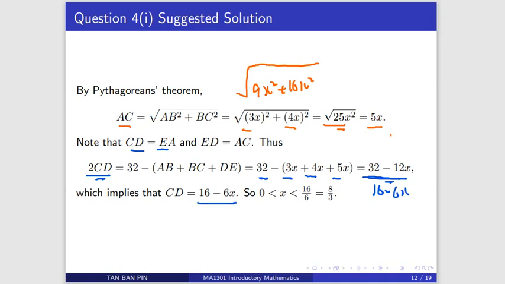So this is the length of CD. 16 minus 6x must be positive, because the length of a side must be positive. So 6x is less than 16, so x is less than 16 over 6, which is 8 over 3. So when you look for the stationary value, x must be less than 8 over 3.